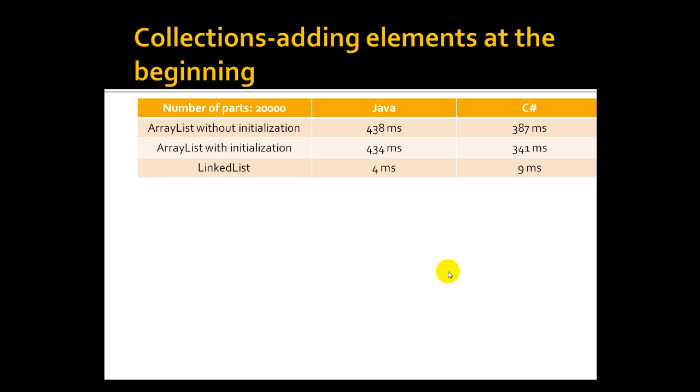Linked list took only 4 milliseconds in Java, but it took 9 milliseconds in C#. For array list with initialization, C# is better than Java, but for the linked list, Java is better than C#.